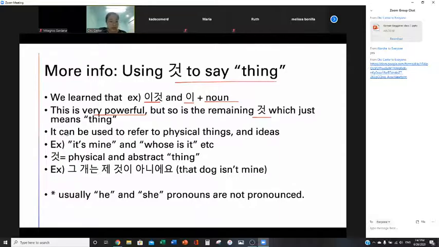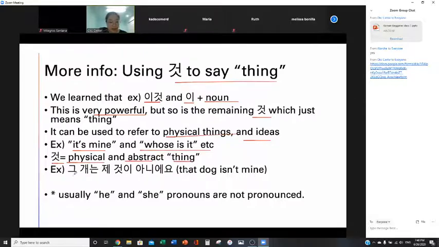It can be used to refer to physical things or ideas. So when you have to describe what things you're referring to, you can add things like "it's mine," "who is it," and so forth. So 것 covers physical and abstract things.